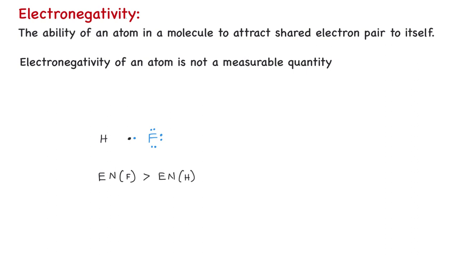Because of this unequal sharing of electrons, fluorine gets a partial negative charge and hydrogen gets a partial positive charge. This polar covalent bond can also be represented by drawing an arrow, where the head of the arrow points towards the more electronegative element, that is fluorine, and the tail points towards the least electronegative element, that is hydrogen.